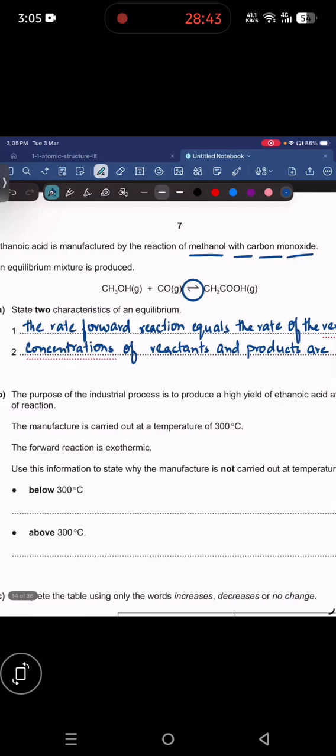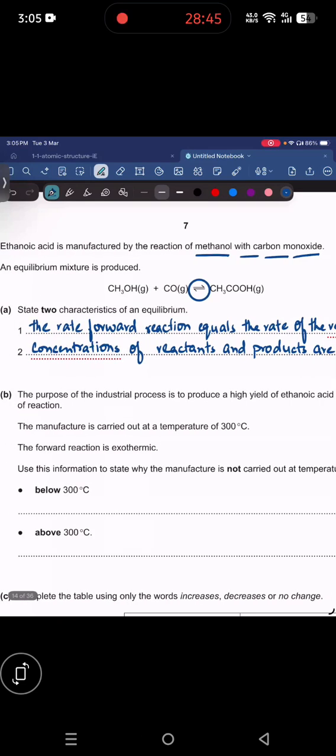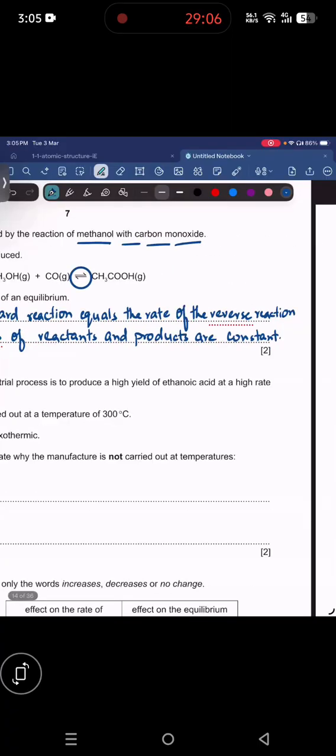So these two statements you have to write down, as these two are the characteristics of an equilibrium. So remember, whenever they ask you to write down the characteristics of an equilibrium, the first one is the rate of the forward reaction is equal to the rate of the reverse reaction, and the concentrations of reactants and products are constant. Got it, bachcho?